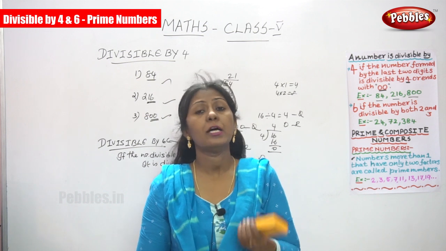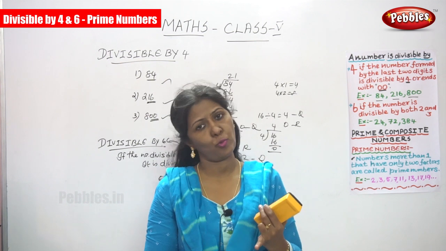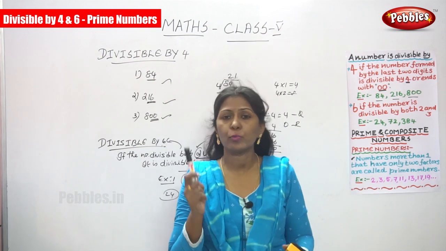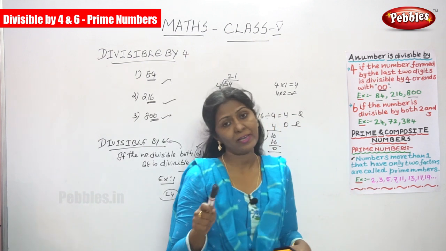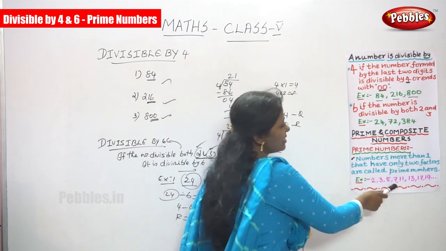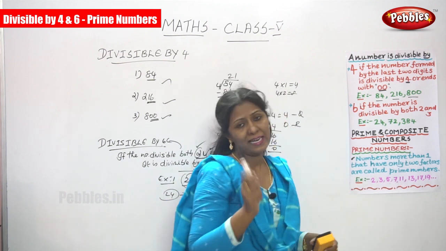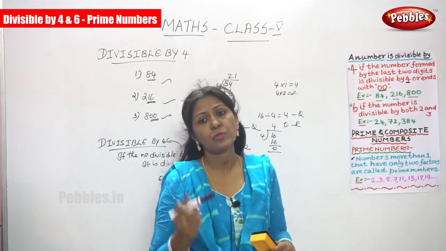For example, 2 is divisible by 2 as well as 1. Next, 3 is divided by 3 as well as 1. 5 is divided by 5 as well as 1, and 7 is divided by 7 and 1, and 11 is divided by 11 and 1. That means the number itself as well as 1.